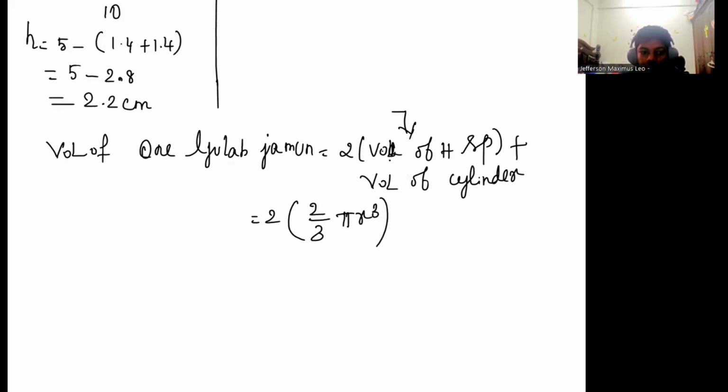Okay, ma'am. Already 2 is right outside separately. This inside the parenthesis represents volume of a single hemisphere. Volume of a cylinder, please say. Pi r square h. Good.